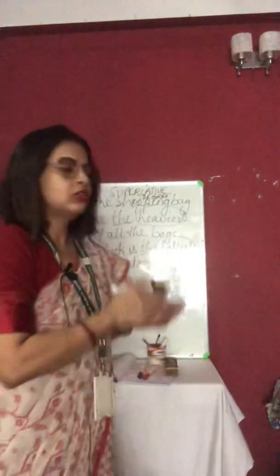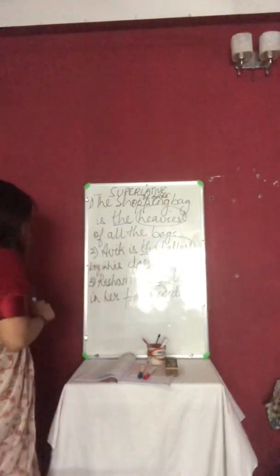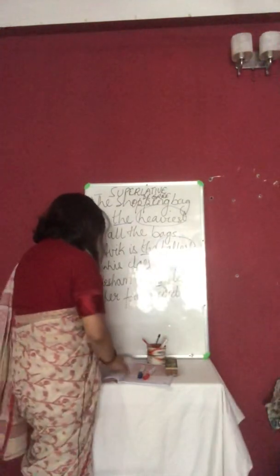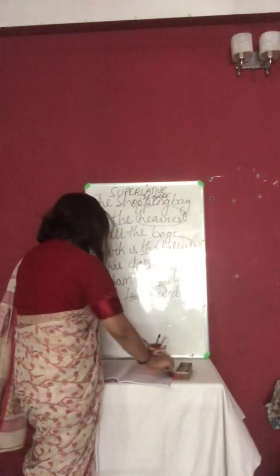Third one was superlative. What is superlative? Superlative means comparing more than two things, like est is added and they also use the determiner the with the superlative, like tallest, heaviest, cleverest. So these are the 3 degrees of comparison we have done.